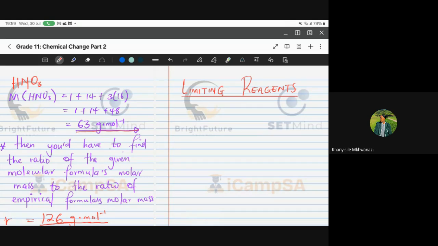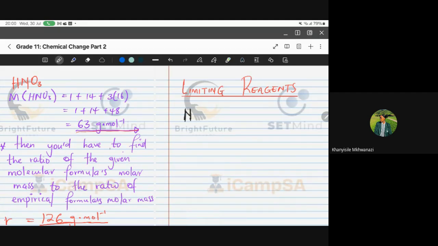Say nitrogen reacts with hydrogen to give ammonia, just a quick example. I think we would have to cover this again in our next lesson because I don't think the amount of time we have would do justice to this part of the topic.